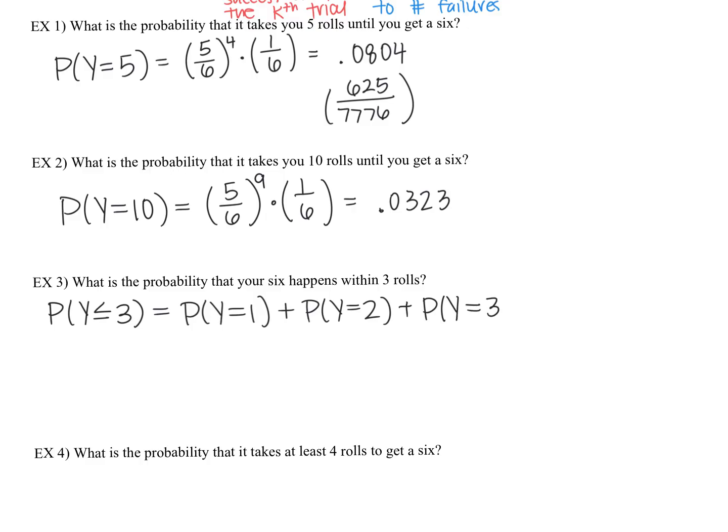And we did already calculate all of these probabilities independently on the previous page. So the probability it happens on the first roll was 1/6, plus the probability it happened on the second roll was 5/36. And then the probability it happened on the third roll was 25/216.